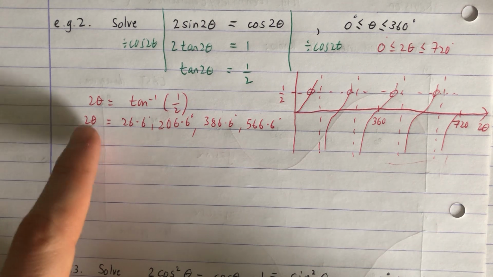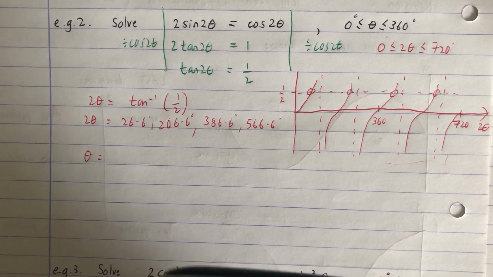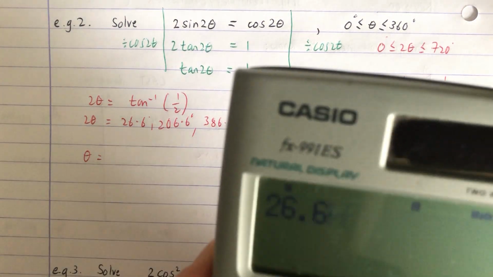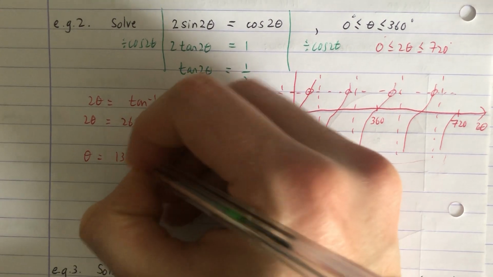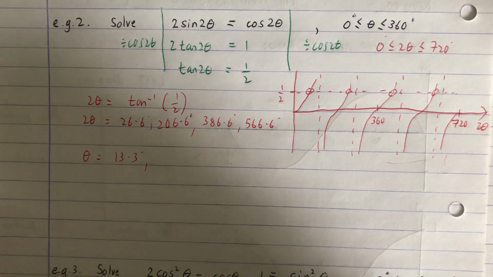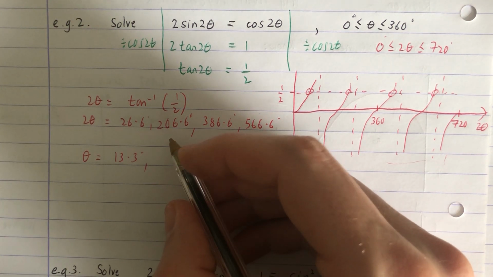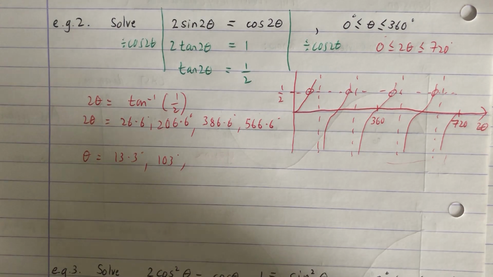But you want theta by itself, so the last thing you're going to do is divide each of these answers by 2. So 26.6 divided by 2, we go 13.3 degrees. What would that be? 103.3, so 103 degrees to 3SF.